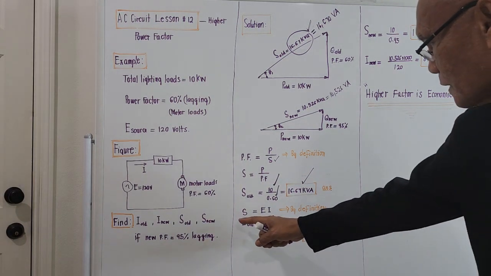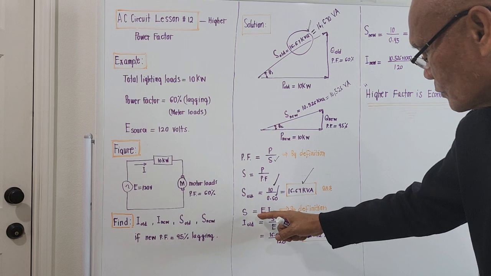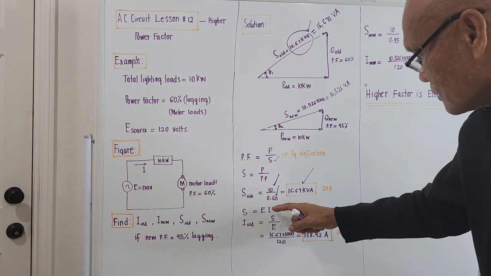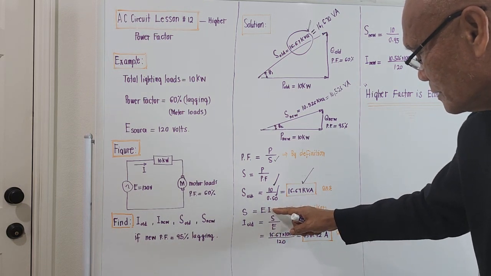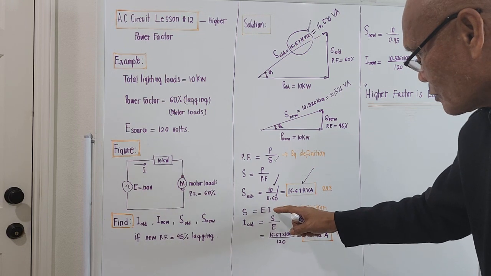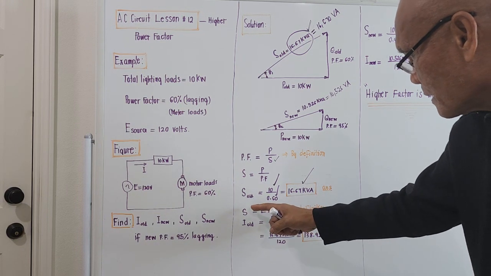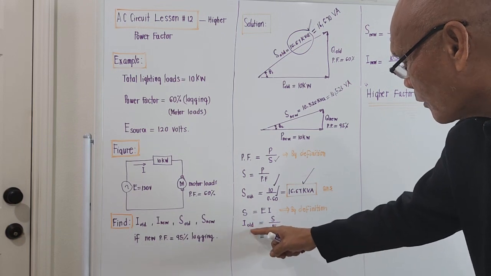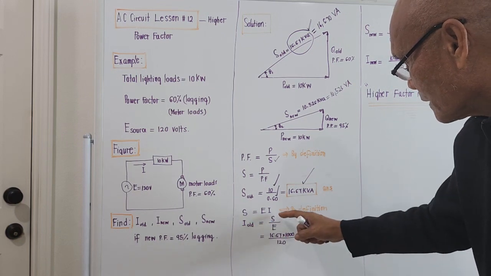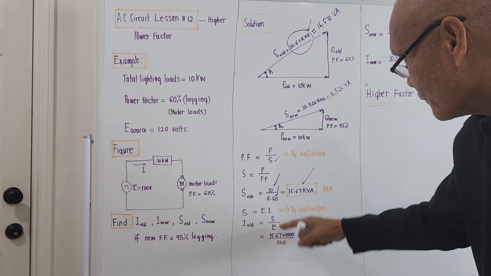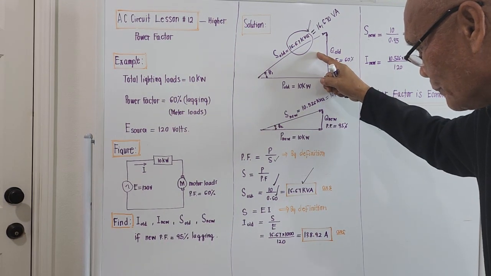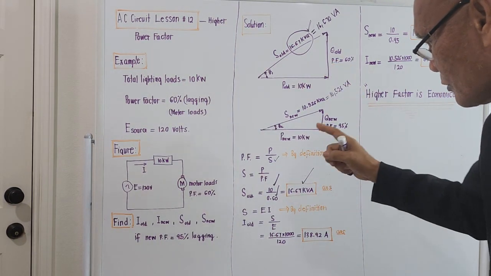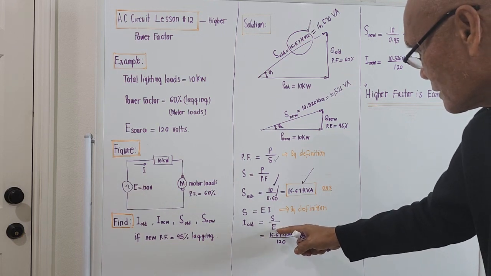And if we compute for the current drawn at this load, we use the formula: total apparent power is the product of the total utility line voltage times the total current drawn. So if we compute for I, it will be the ratio S over E. So I with the subscript all will be S over E, the first condition. The S all is 16.67 kVA.